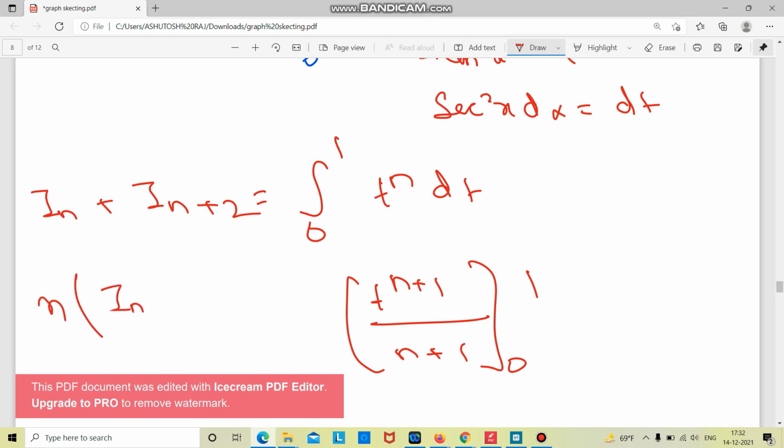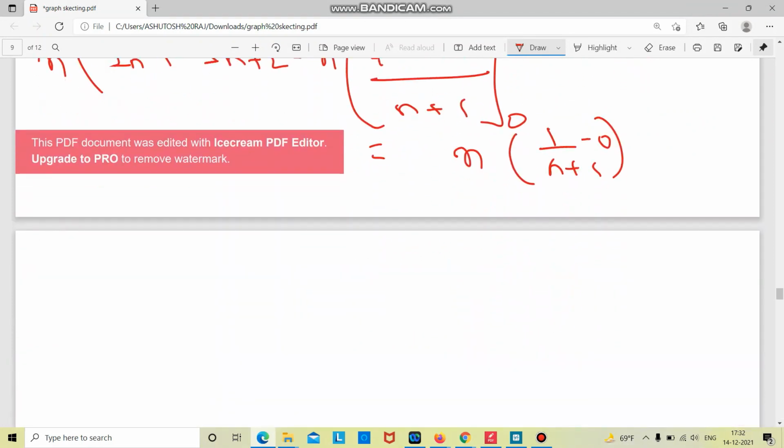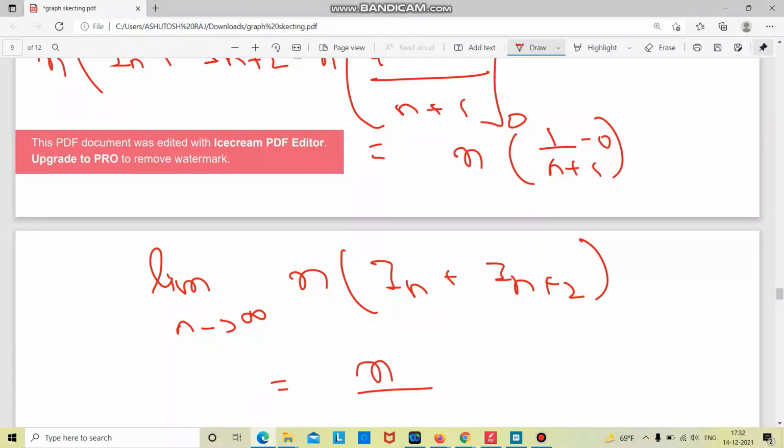So n into I(n+2) is equal to n into 1 by n plus 1 minus 0. Now we have to calculate the limit as n tends to infinity of n into I(n+2), which is n by n plus 1 in the limit, which is 1. So our answer is 1.